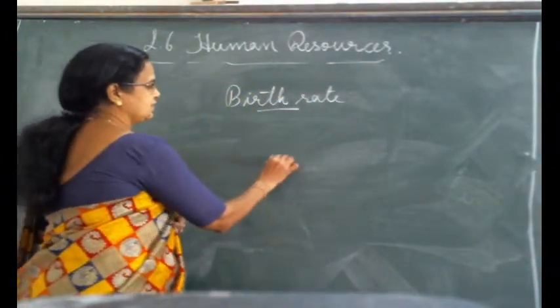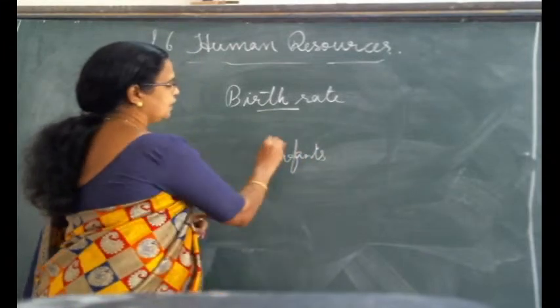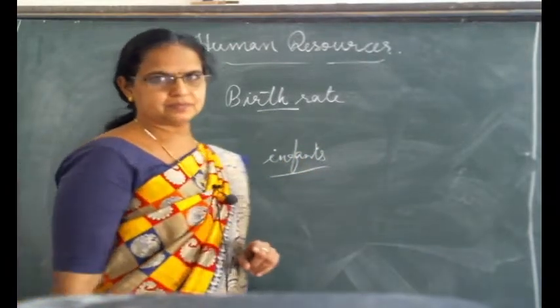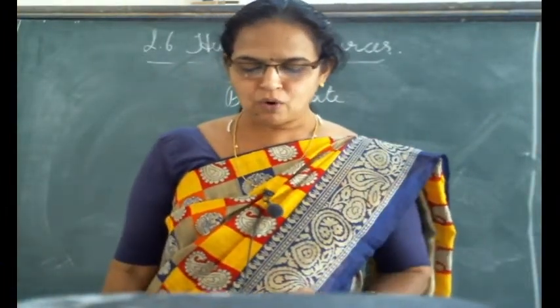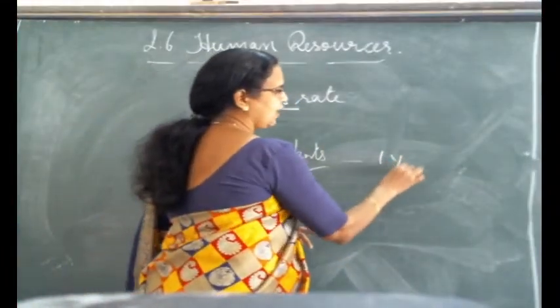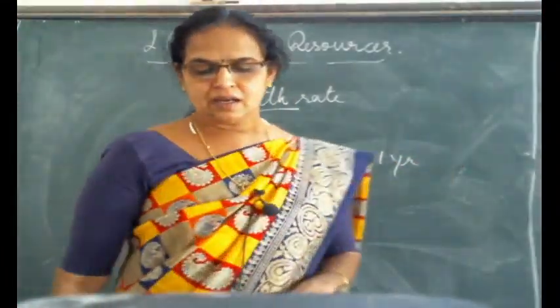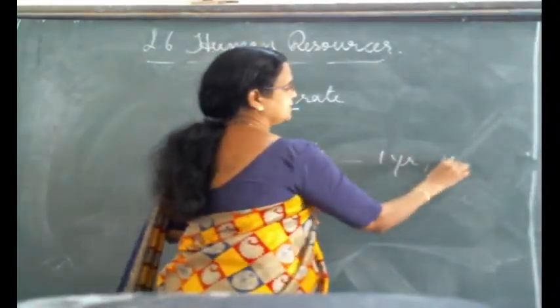Alive infants, small kids, infants at the time of birth. At the time of birth, how many infants are alive? Their total number. In which time period? A 1 year time period. For how many persons? 1000 persons.